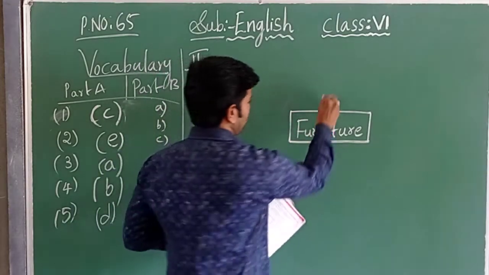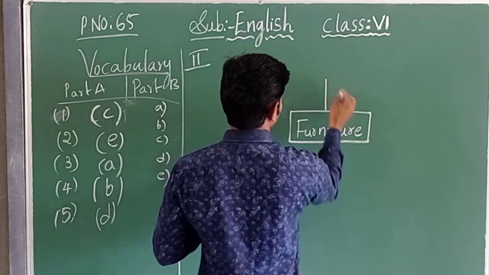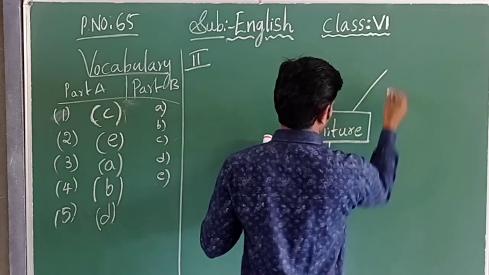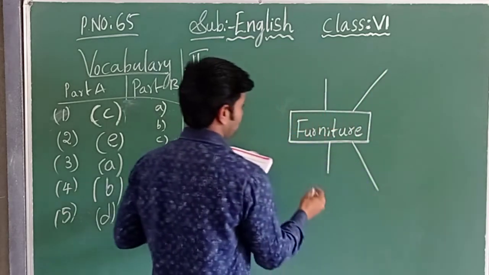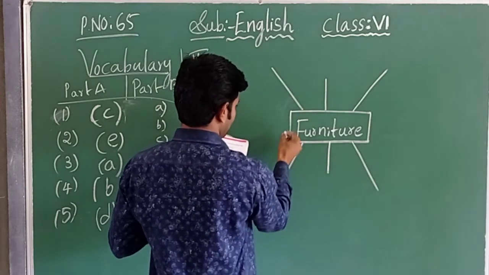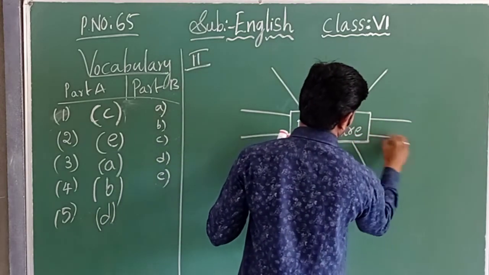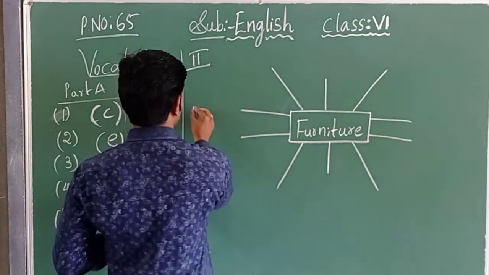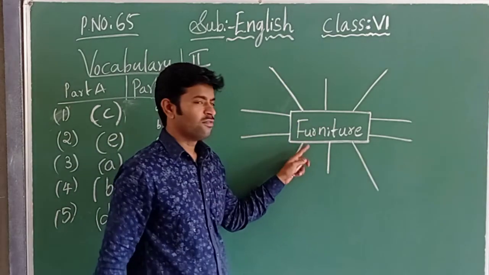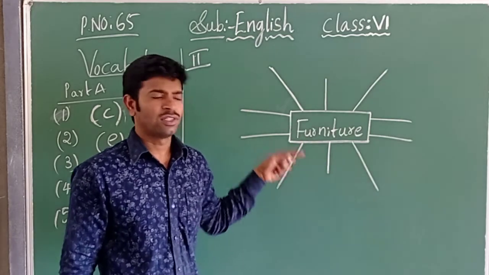Let us take one box here, second box, third and fourth, fifth, sixth, seventh, eighth, ninth and 10th. Let us see, children. With the furniture, what materials are produced? Furniture means what it includes, that I am going to write.